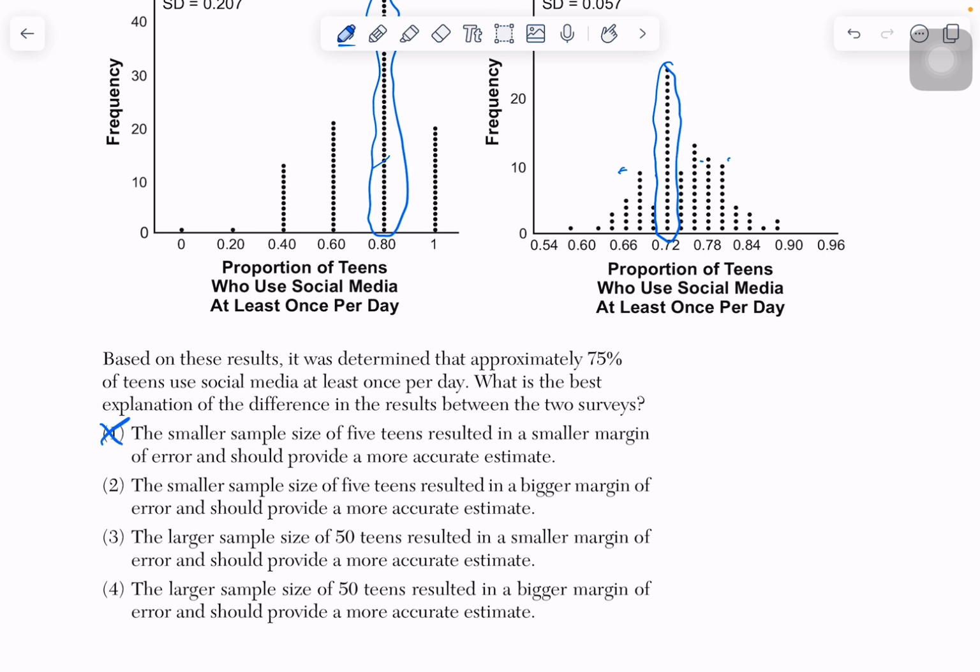The smaller sample resulted in a bigger margin of error and should provide a more accurate statement. That's not true. If you have a bigger error or margin, even if you don't know anything about standard deviation, that's not true. The larger sample size of 50 teens resulted in a smaller margin of error and should provide a more accurate estimate. So that's the answer. That's the one that makes sense.